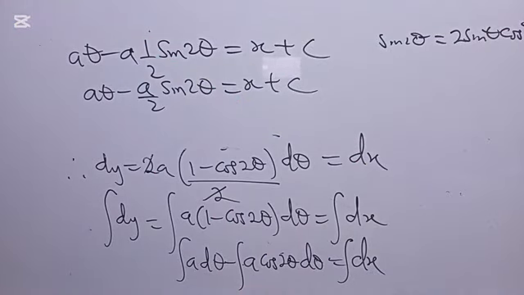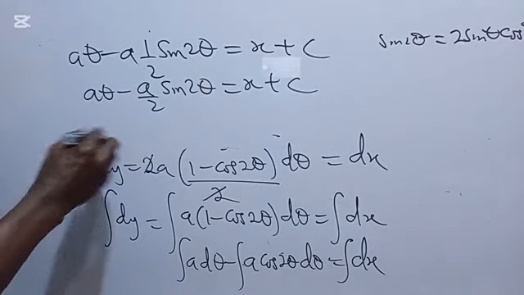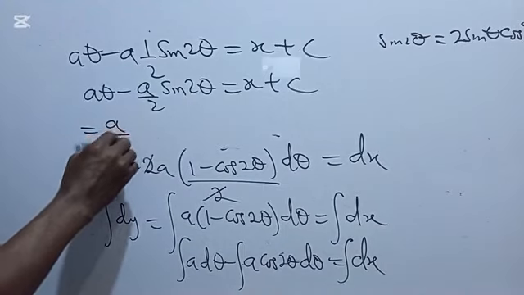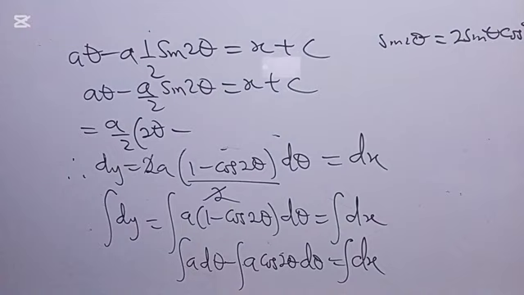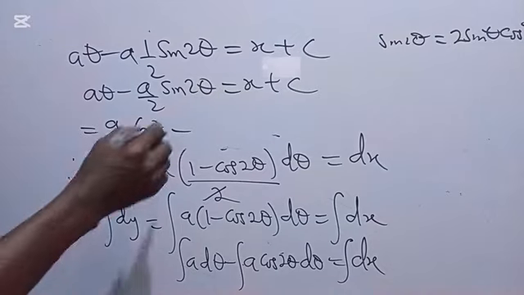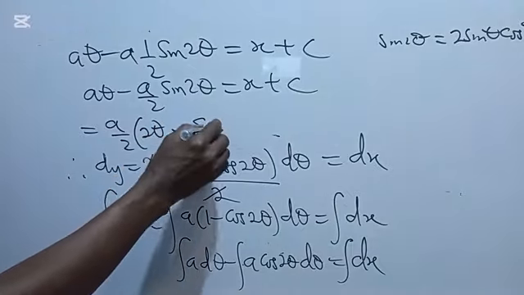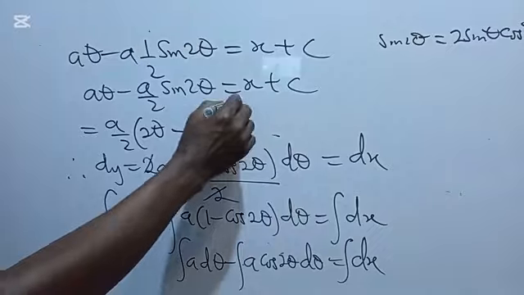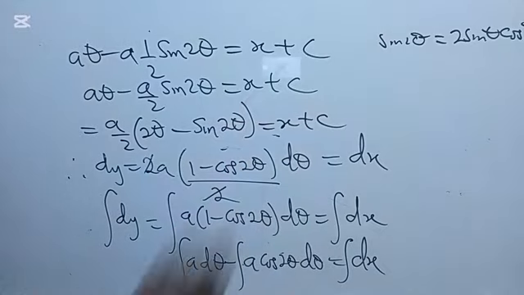Now we can change this to a all over 2 theta minus, when we factor out a all over 2, this will be 2 theta minus sine 2 theta, is equal to x plus c.